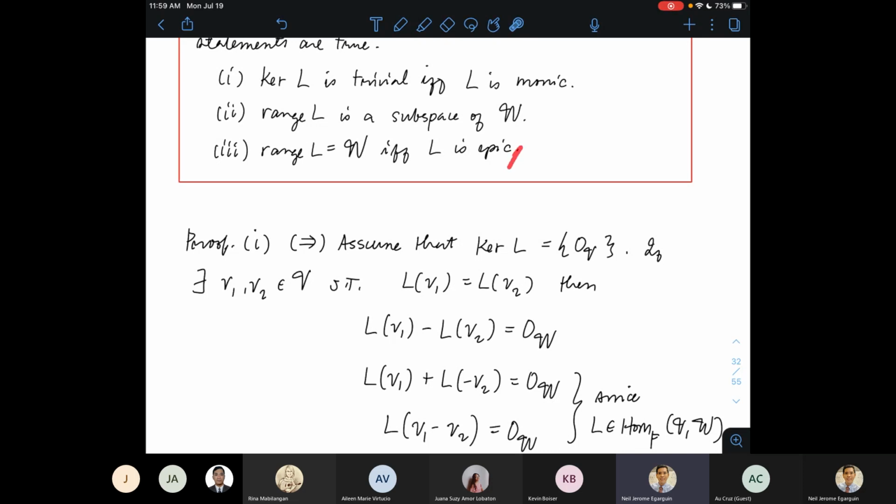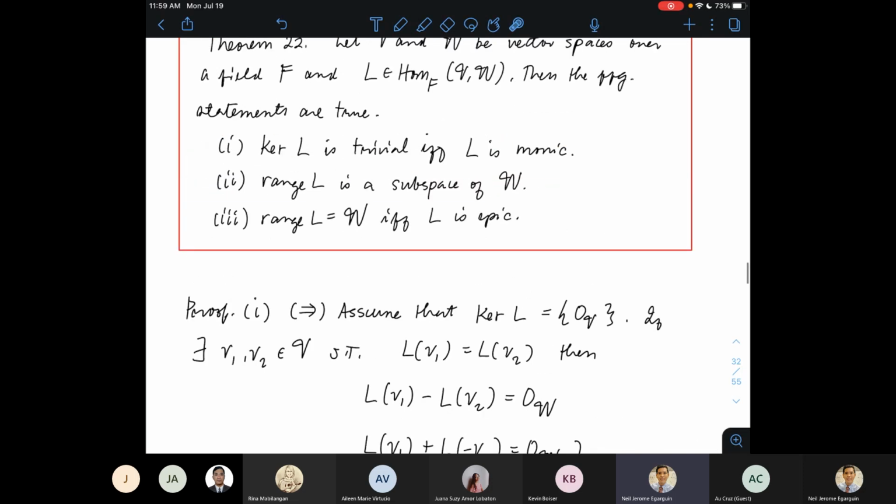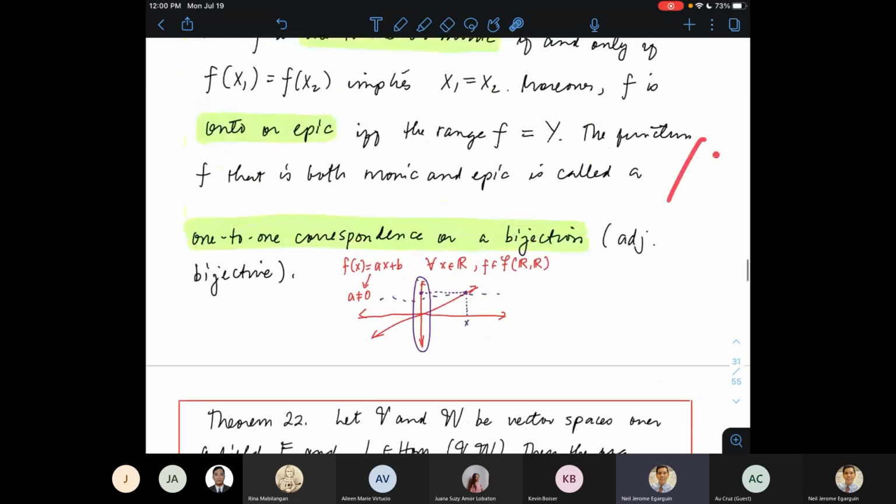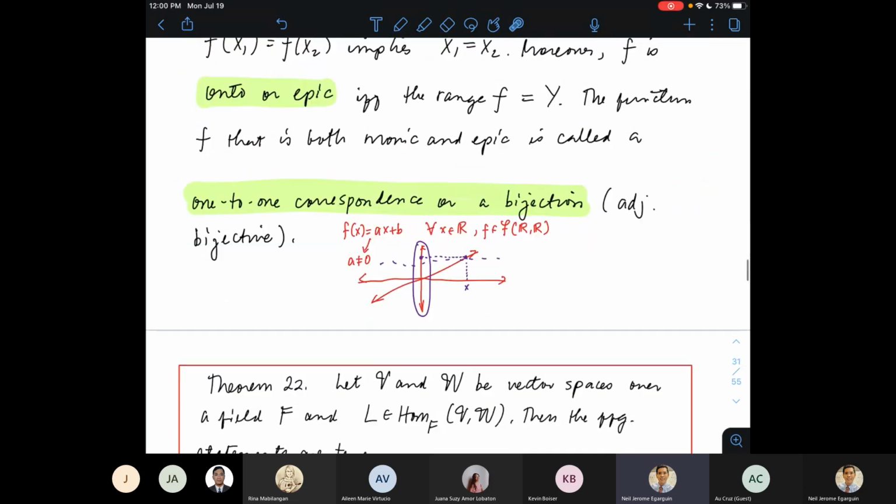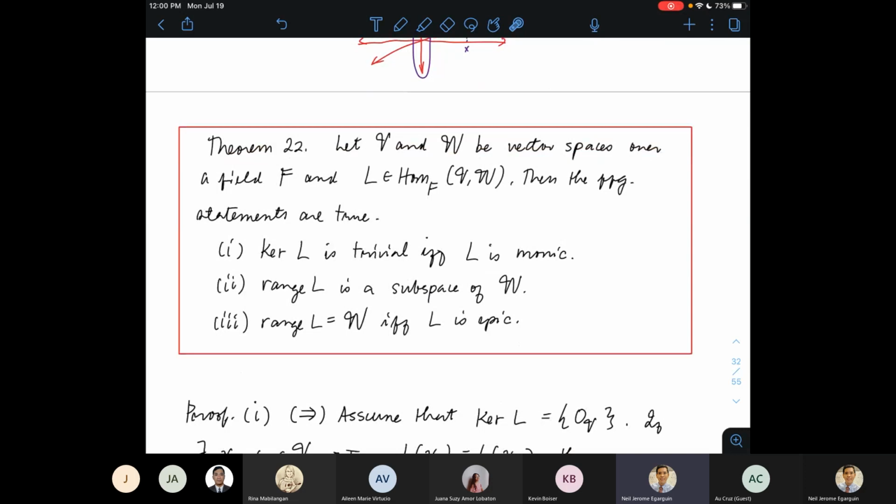Then that's the very definition of being epic. So probably in the revised version of the module, I'll probably remove statement 3 and just put it as an alternative definition somewhere here in this paragraph, right? But for now, let's just skip it there, and you'll see that the proof here is just a one-liner for part 3, okay?